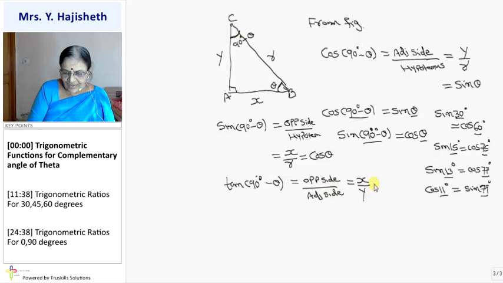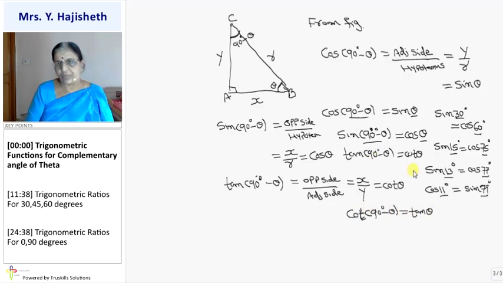But x upon y is nothing but my cot theta. So what next result did I get? Tan 90 minus theta is cot theta. Similarly, cot 90 minus theta is tan theta. So tan and cot are equal when two angles are complementary. Clear?